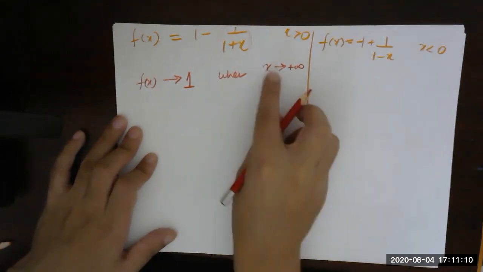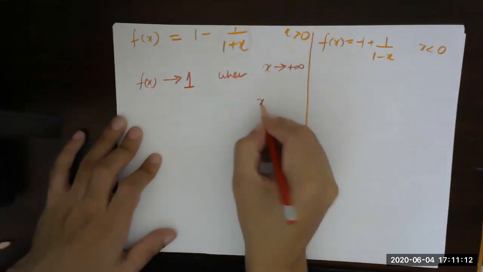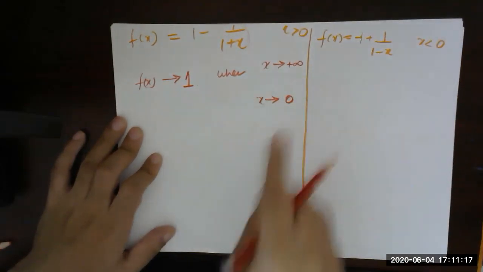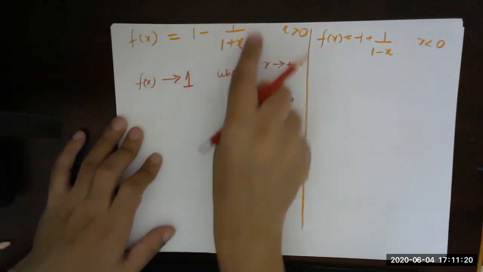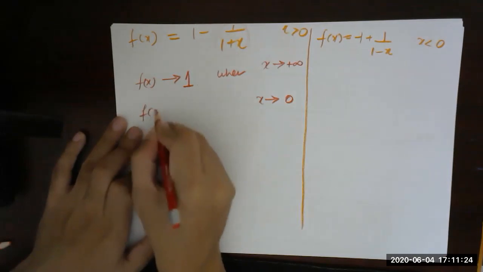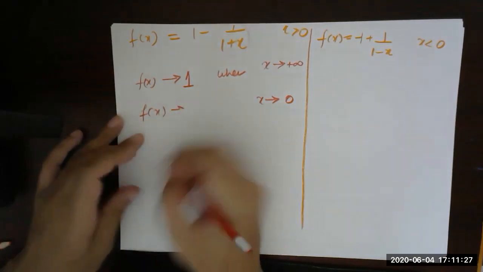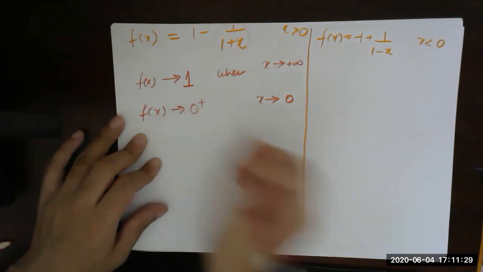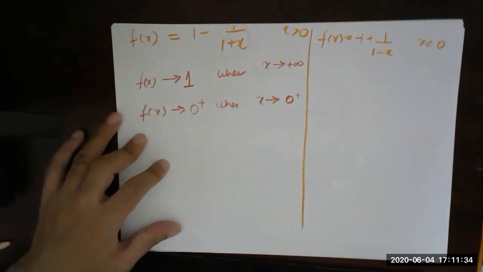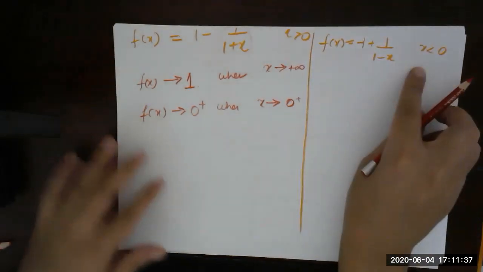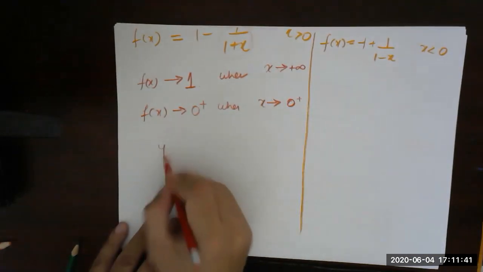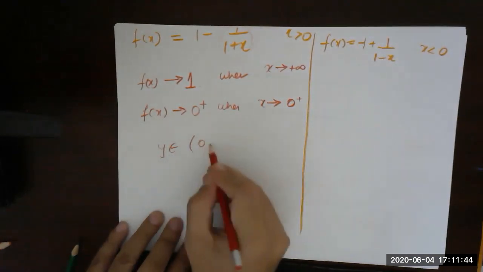Now let's see when x is trying to reach 0 from the positive side. This term will become almost 0, but the denominator is greater, so f of x will try to become 0 plus when x is tending to 0. So on the right side, y will belong to 0 to 1.